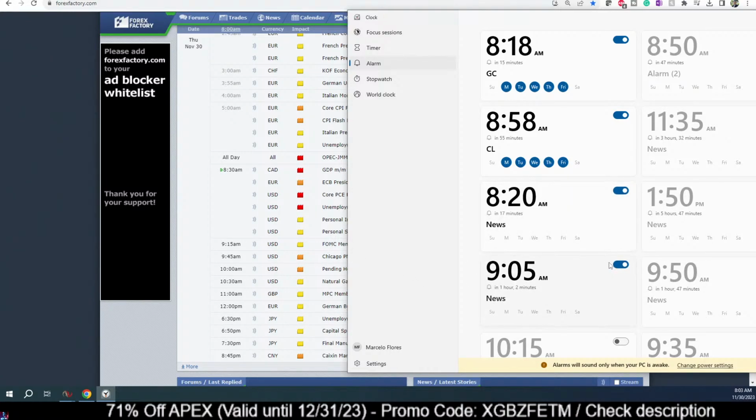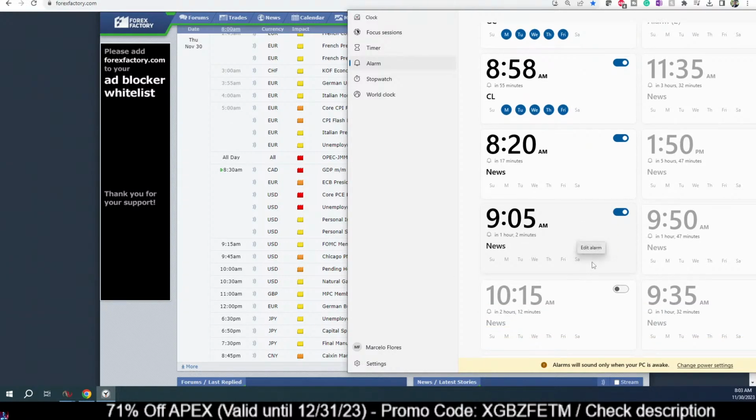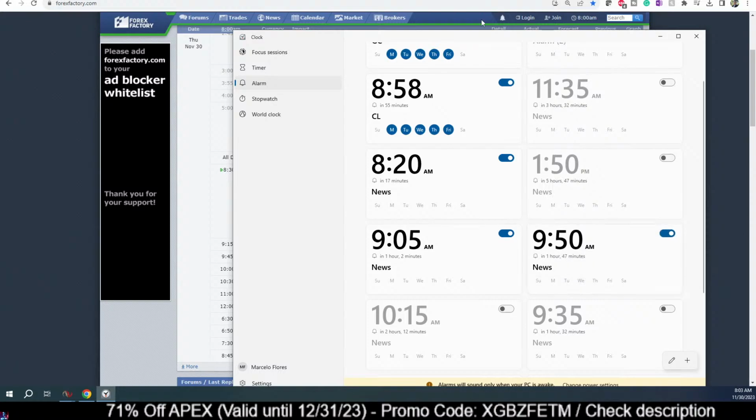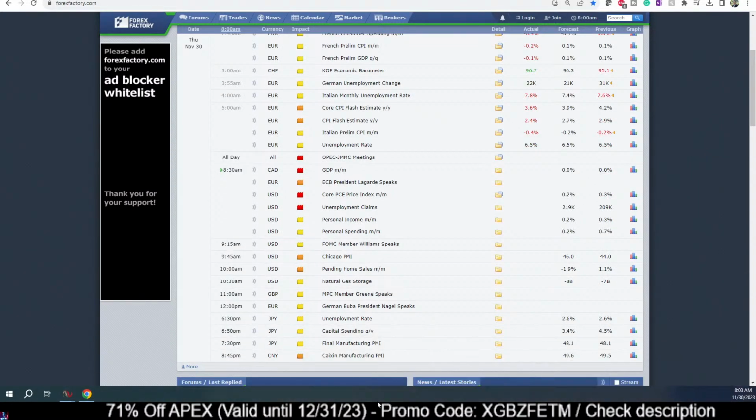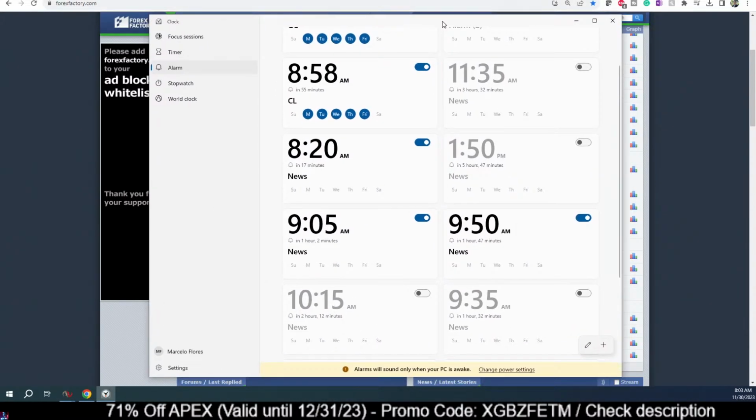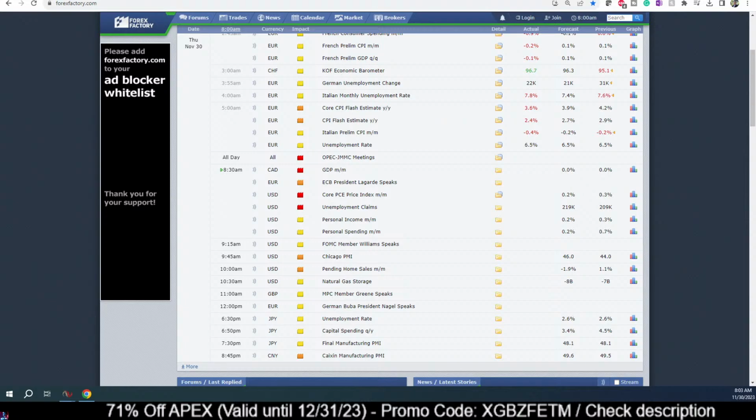This really is not that important, so you can skip it. And then 9:50, it's another one, since we do have pending home sales at 10, so I could mark that one, and so on. Okay, so I do that also almost daily. It depends on how much news I see in the calendar. Okay, so I'm gonna leave it there.